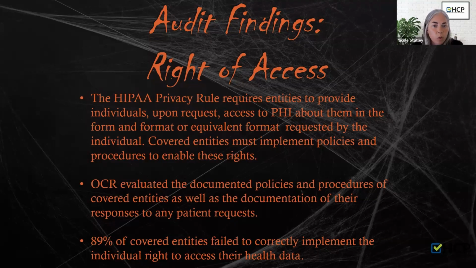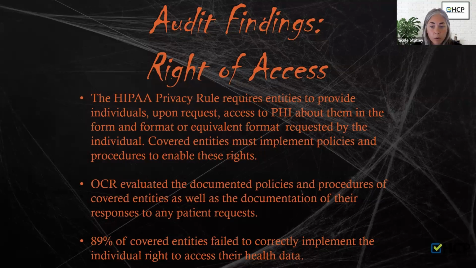So, right of access. The HIPAA privacy rule requires entities to provide individuals, upon request, access to PHI about them in the form and format or equivalent format requested by the individual. Covered entities must implement policies and procedures to enable these rights.